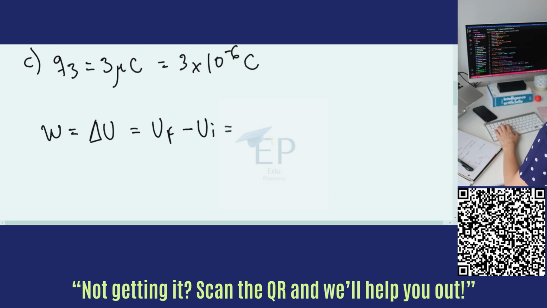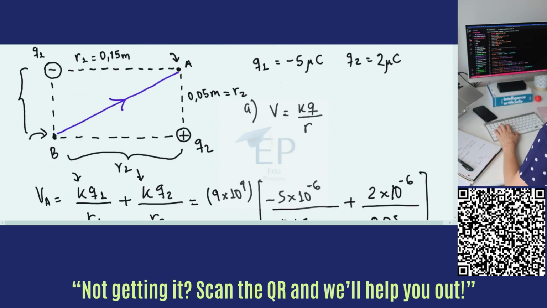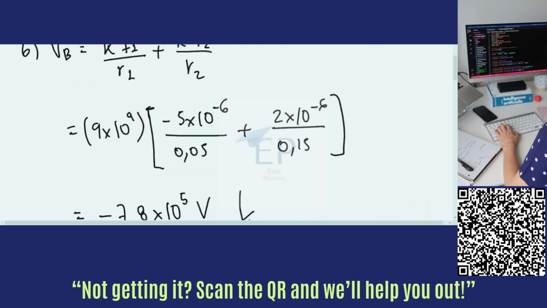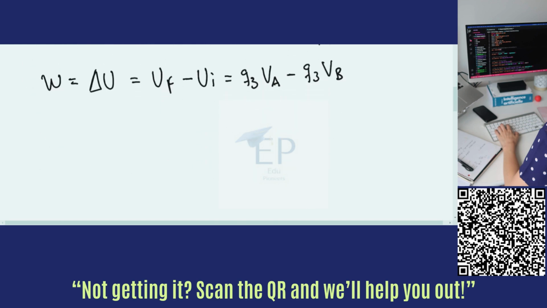The potential energy in electrodynamics is defined as the charge times the electric potential. So in this case, it will be Q3, which is the charge that we are trying to move, times the final potential at A because we are moving it from B to A. So the final position is at A, so we put the final potential, minus Q3 times the potential at point B because it is the initial one.